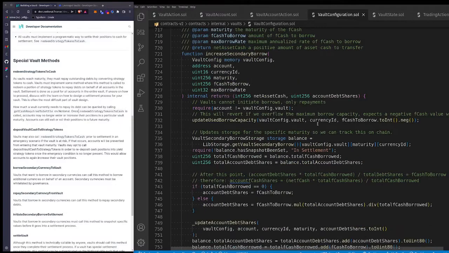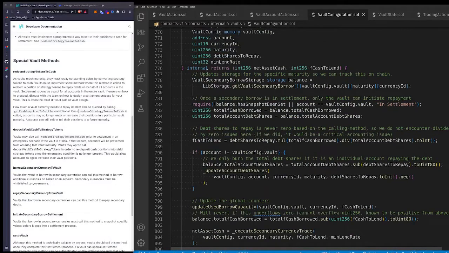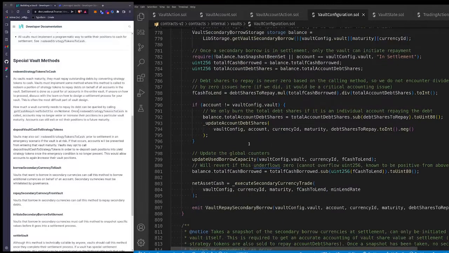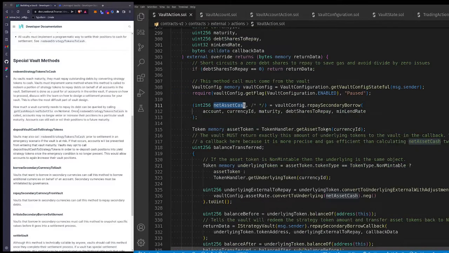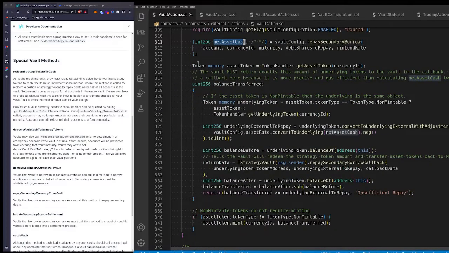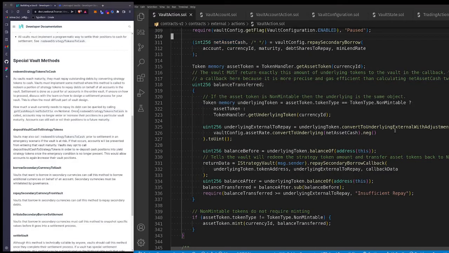What we're going to do here is optimistically execute the lending action and update all of the accounting internally, and return the cost of that lending action to the vault. And from here we're going to call back the vault and have it return this amount of cash to Notional.